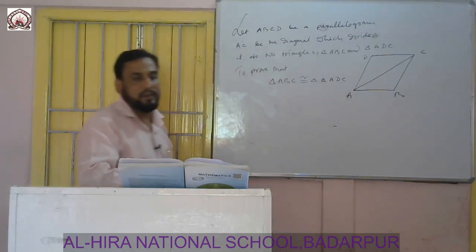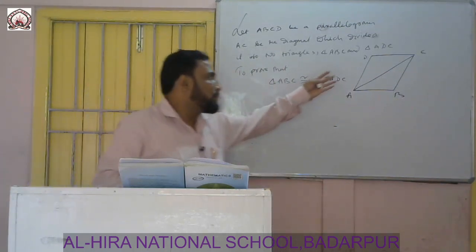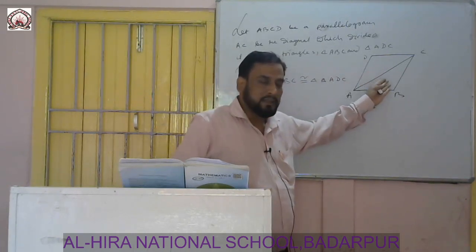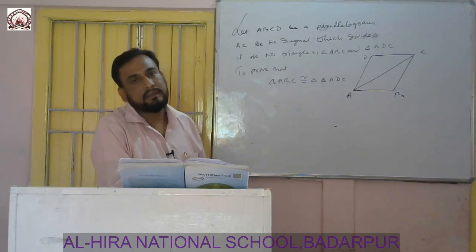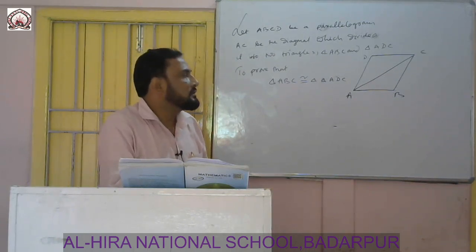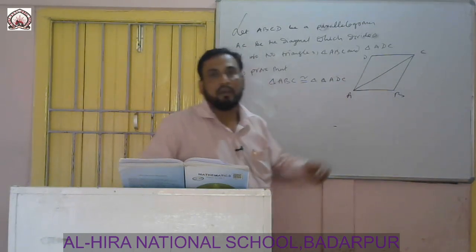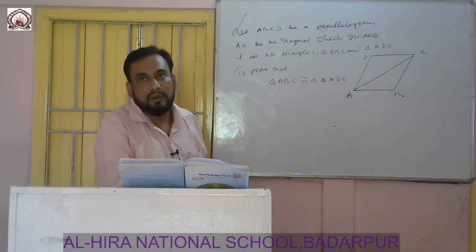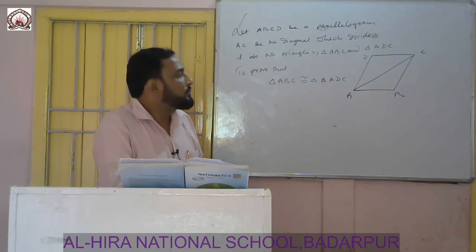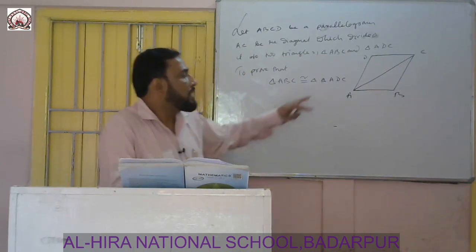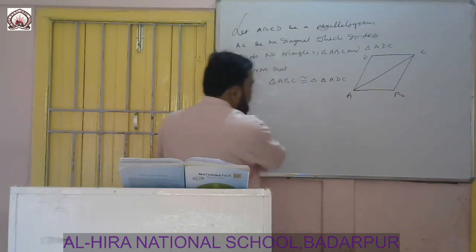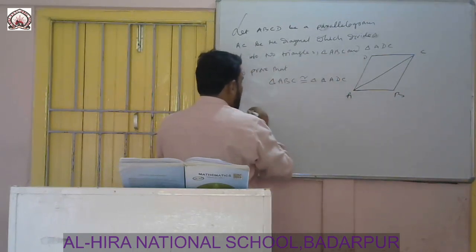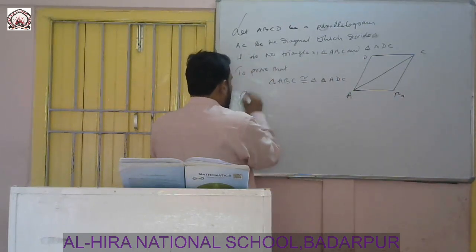To prove that these 2 triangles are congruent, as we learned in chapters 6 and 7, especially chapter 6, the congruence postulates, we are using these postulates. Which postulate could be used? Let's see. So, proof.